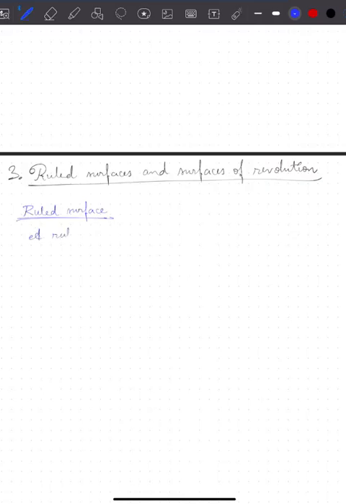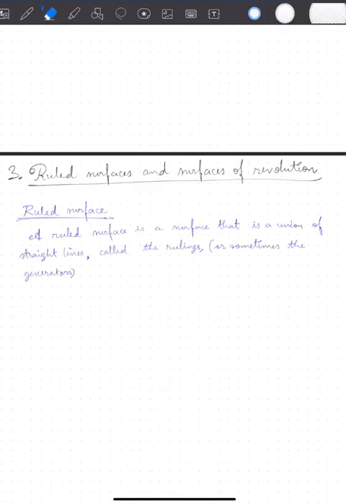So mathematically, we define a ruled surface as a surface that is a union of straight lines called the rulings, or sometimes the generators, of the surface.